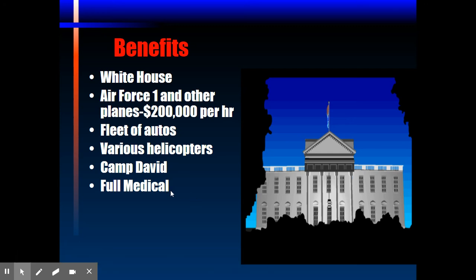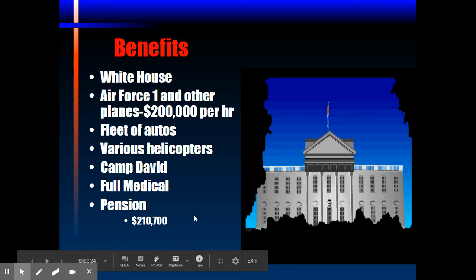Of course, they have a medical team. There's a team of doctors that go with the president everywhere he goes. He has full medical, of course, coverage. He has a pension. Right now, it's at 210.7. That's what it is after he leaves per year. Of course, he gets paid while in office 400,000.